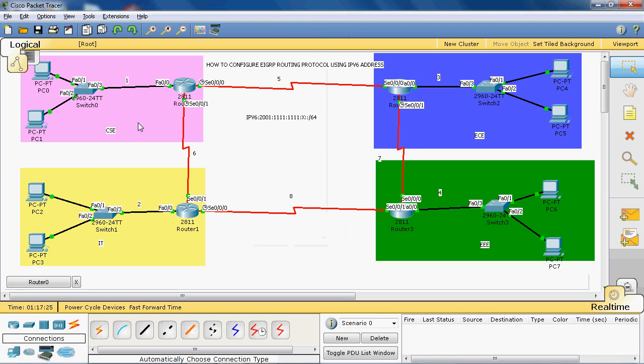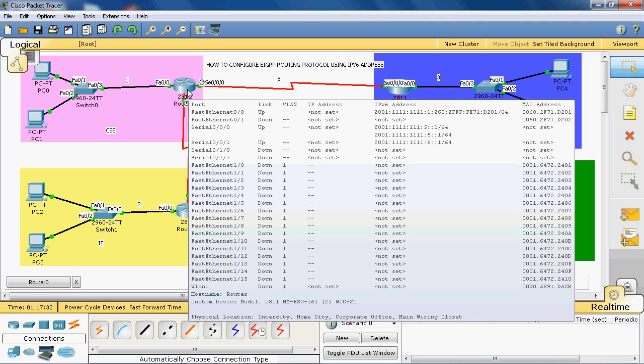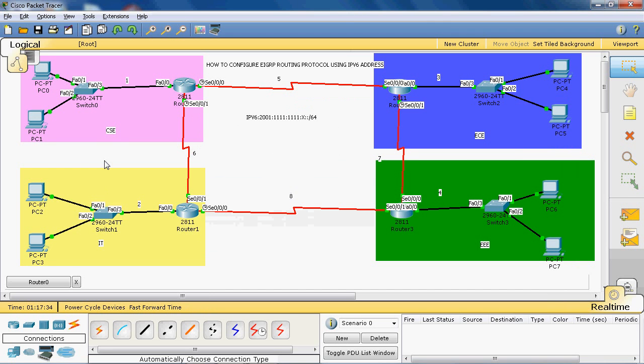Okay, in IP version 4 we give the directly connected networks. For example, in the CSE department the directly connected network is 156. So we go to global mode, give router eigrp, then the autonomous system number, then the network net ID, network net ID, network net ID. But in IP version 6 we go to that particular interface and enable the IP version 6 EIGRP routing protocol.